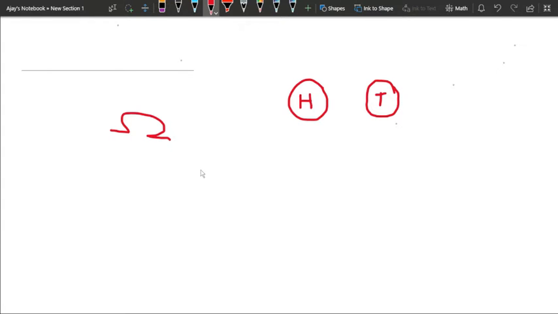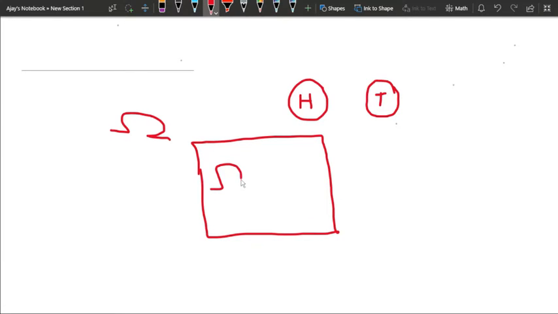What does that mean? The possible outcomes of our experiment are the elements of that set, and that set should have certain properties.